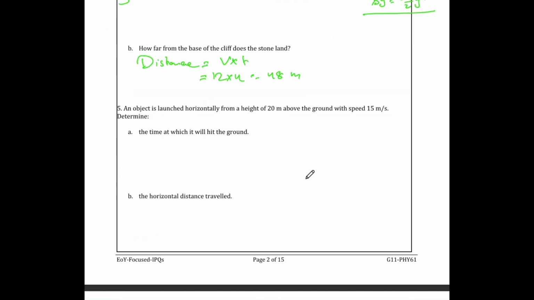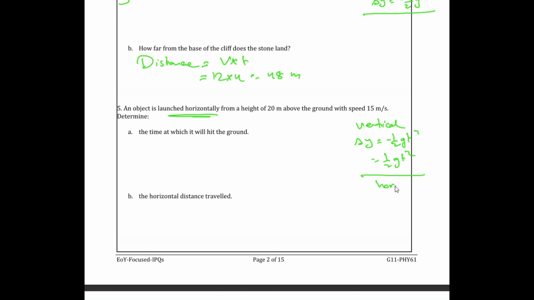Let's move on to question number 5. Given here, again, we need to look into the information. Again, it's horizontally launched, so we need to check for vertical and horizontal motion. For vertical, we should consider delta y equal minus half gt squared, and you can remove the negative to be equal to half gt squared because it's related to the direction.